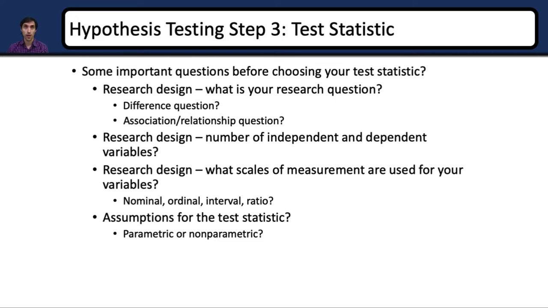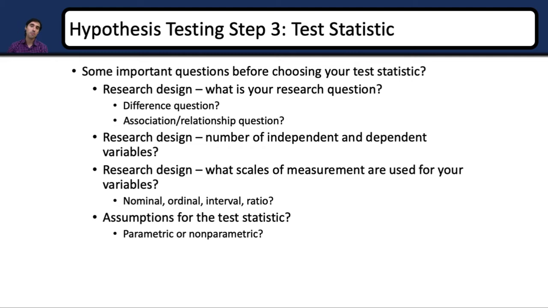And that could be your independent variable, and your dependent variable could be amount of study time. So is there a difference between the two, or is there an association or a relationship among two variables? And with that research design, you need to think about those independent and dependent variables, and then also how you are actually measuring those variables. So is it nominal, ordinal, interval, all those.